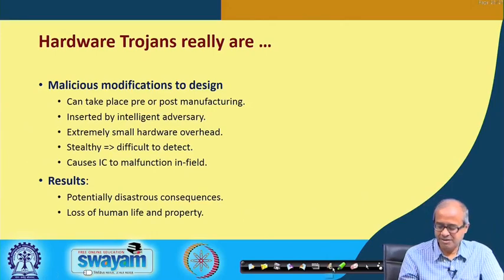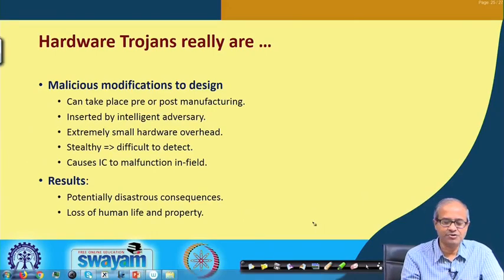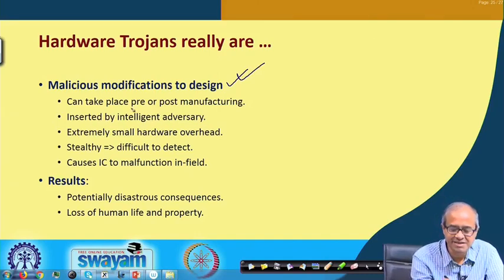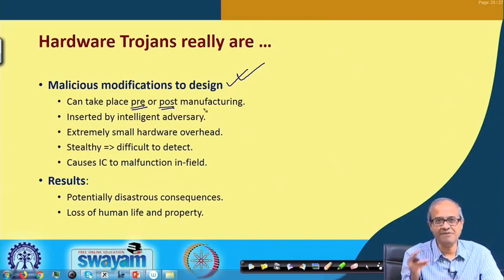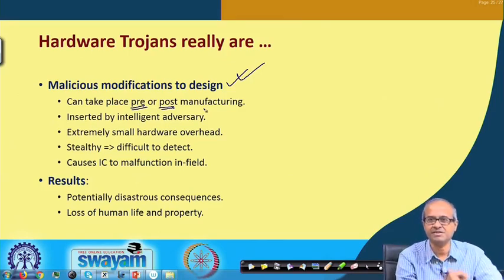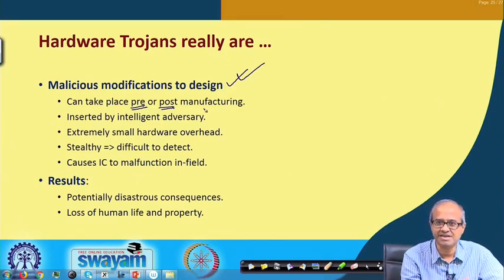Okay. So, essentially hardware Trojans are, as I said, malicious modifications to the design. They can take place during design, or pre or post manufacturing. Even after manufacturing, when the chips are getting assembled, a small chip can be inserted in the wafer side by side, an extra thing getting inserted.